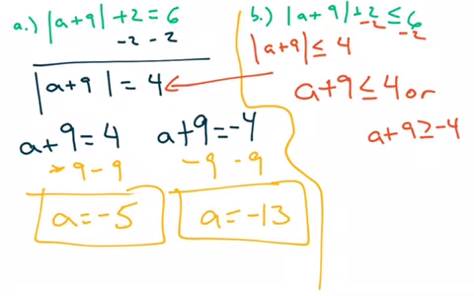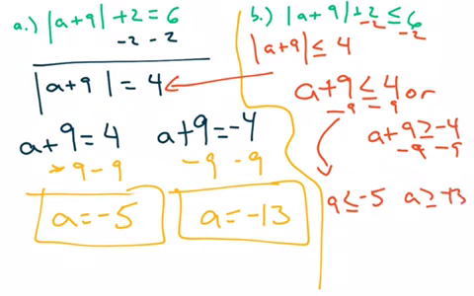Okay, so we solve this. Let's see what we get. So if I solve this, I subtract 9, and a is less than or equal to negative 5. Subtract 9, I get a is greater than or equal to negative 13.